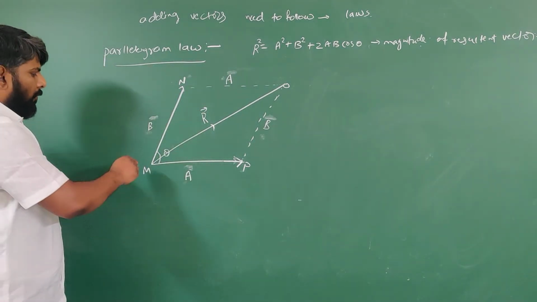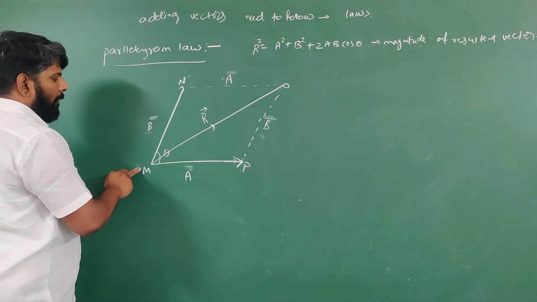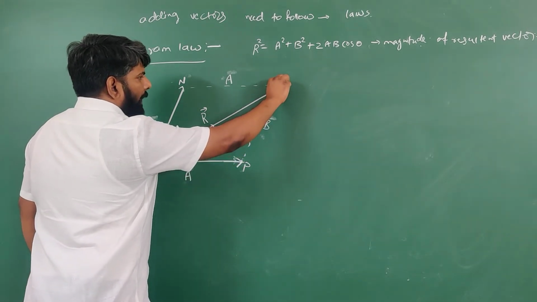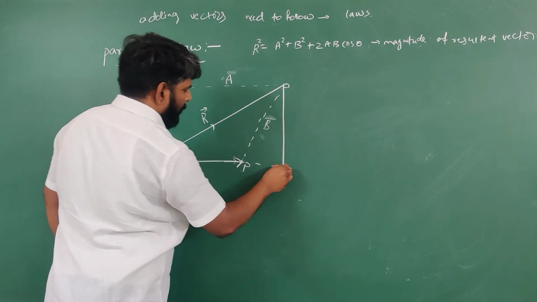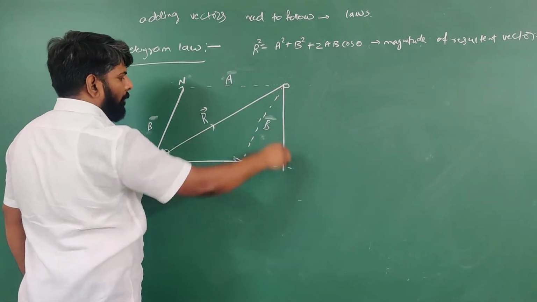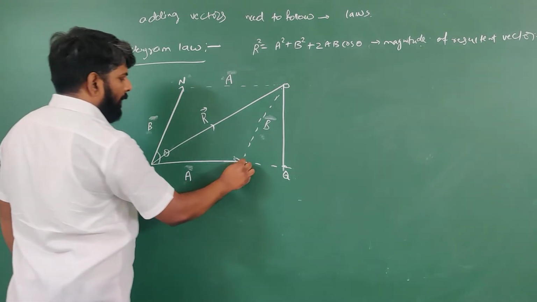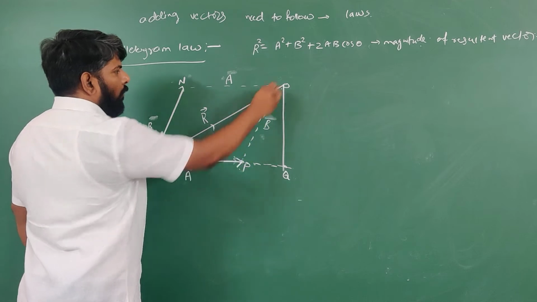Observe here. So in this parallelogram MNOP, observe here, students. I am drawing a perpendicular from O. So this point I am taking as Q. So observe here, again you got a triangle POQ.